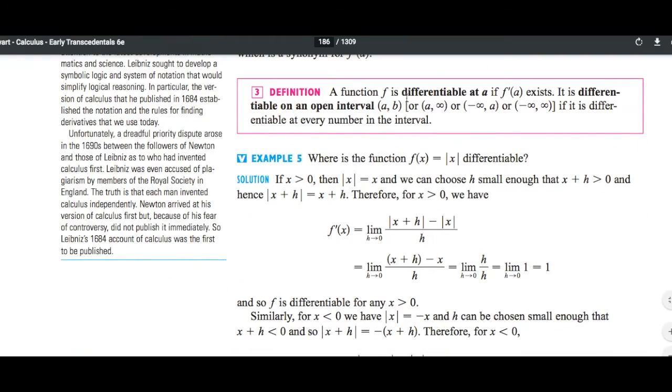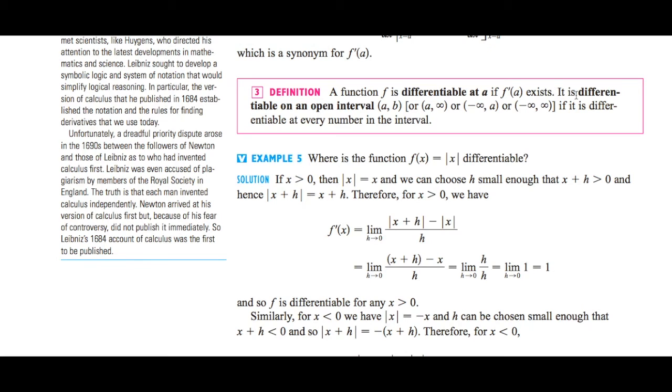A function f is differentiable at a if the derivative at a exists. It is differentiable on an open interval from a to b, or a to infinity, negative infinity to a, or negative infinity to infinity, if it is differentiable at every number in the interval.